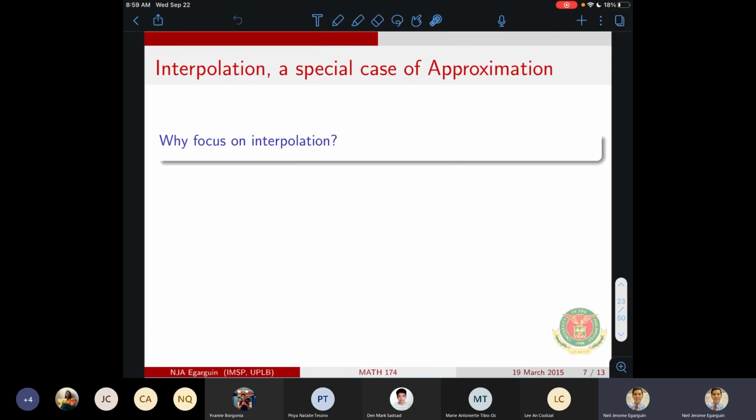So now, why focus on interpolation? Kasi out of so many ways to approximate a certain function, why do we focus on interpolation? Actually, it's from an application basis. The nice thing about interpolation in general is that it is quite simple.